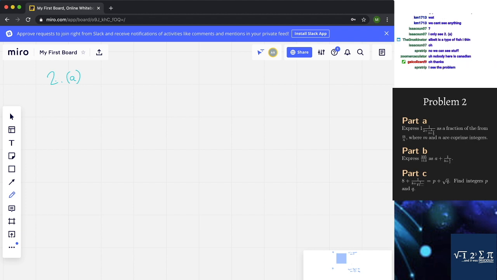So we're basically asked to find 1 plus 1 over 2 plus 1 over 3 plus 1 over 4. And we do it the AMC 8 way, which is we take this and we compute bottom up. By the way, the color is not too light, right?